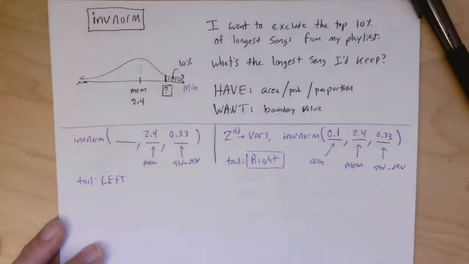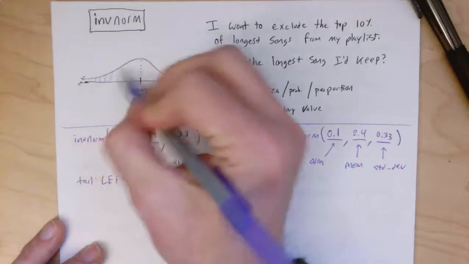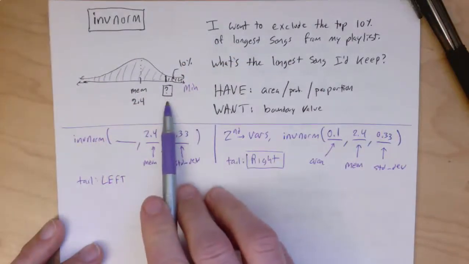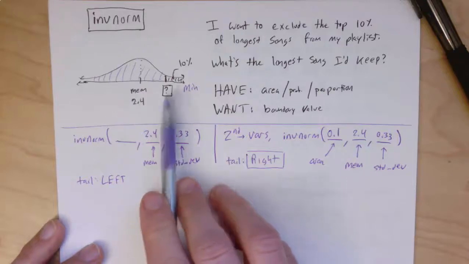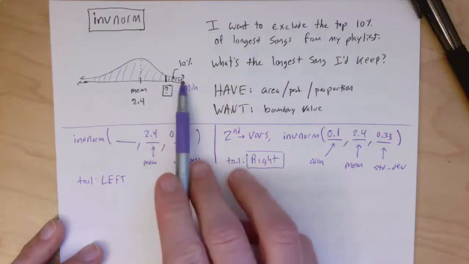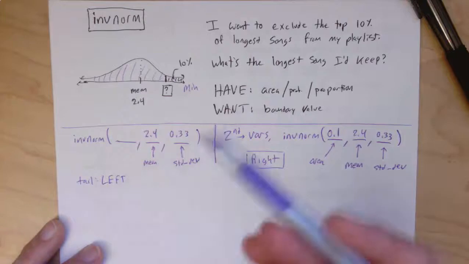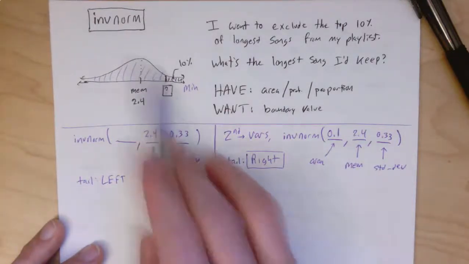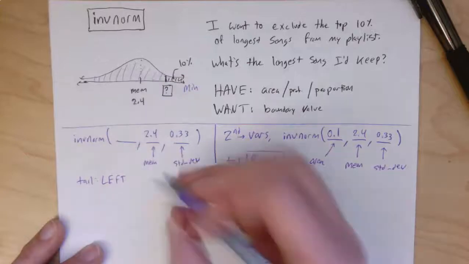If your calculator doesn't let you set the tail to be the right, then what that means is the area that you type in here is going to correspond to the area that's to the left of whatever boundary value it's going to find for you. So because we want 10% of the data to be to the right, but we can't solve for that, we're pretending, let's instead find the boundary value where 90% is to the left, because that should be the same thing.